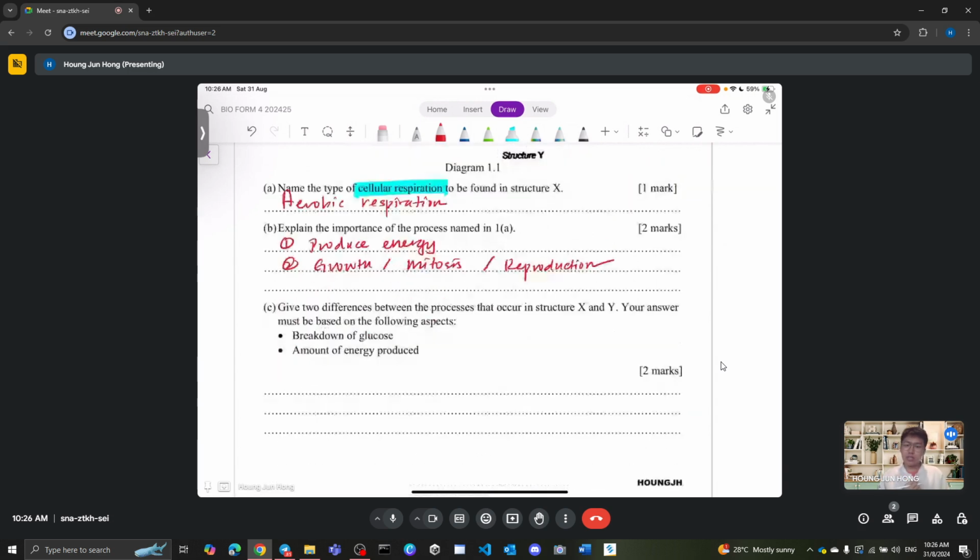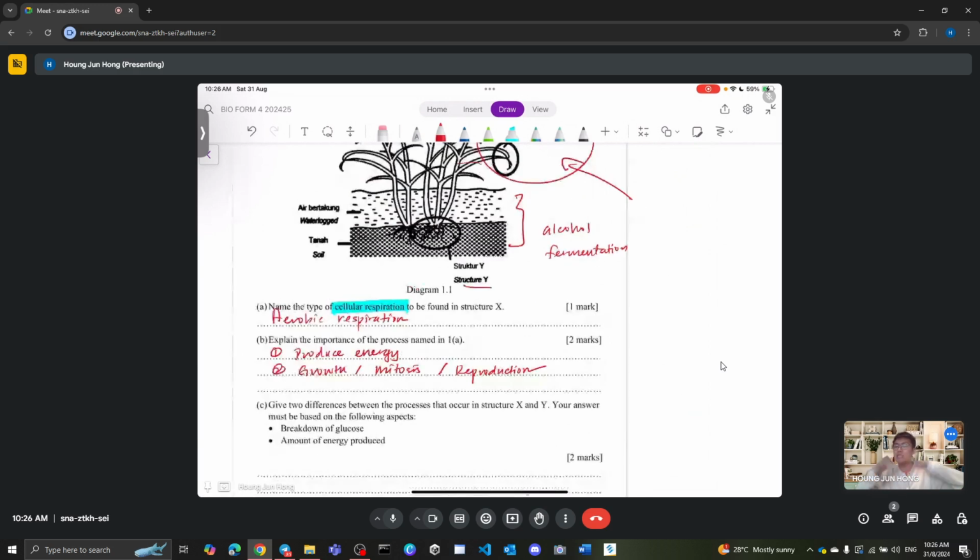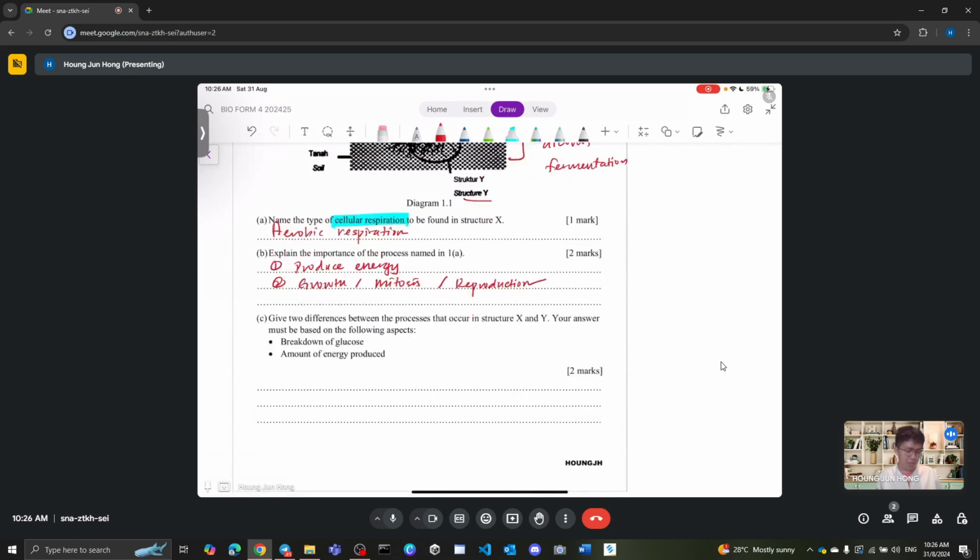Question C should also be a very simple question. Over here you can see structure X and structure Y. One is in the water, one is not in the water. So very clearly this is with oxygen and without oxygen, basically aerobic respiration and alcohol fermentation. To state the differences, we are going to write in sentences. In structure X, if you remember, this is aerobic respiration.